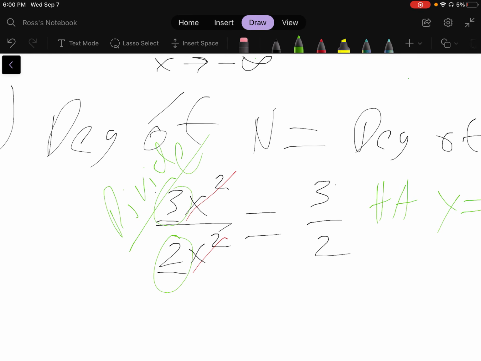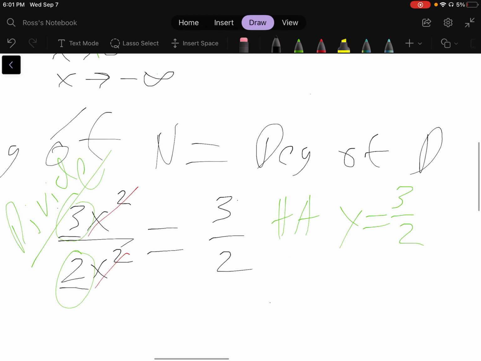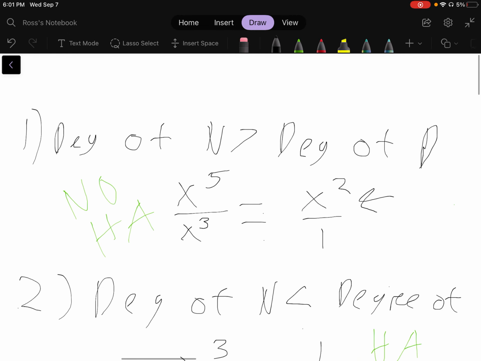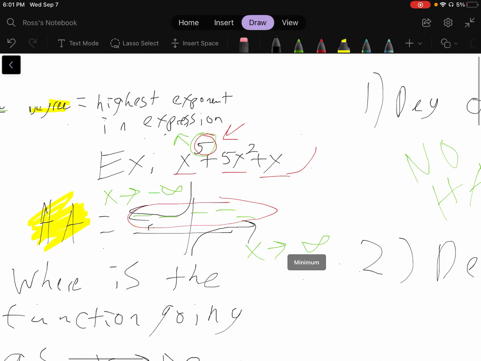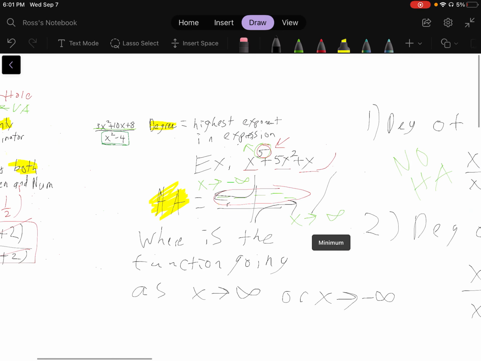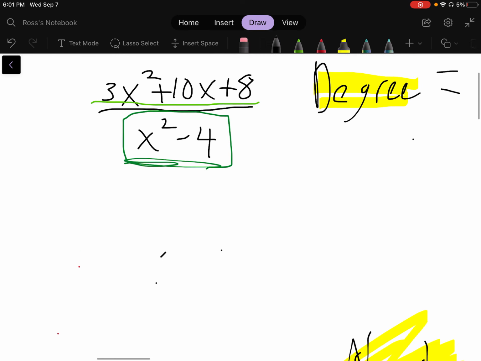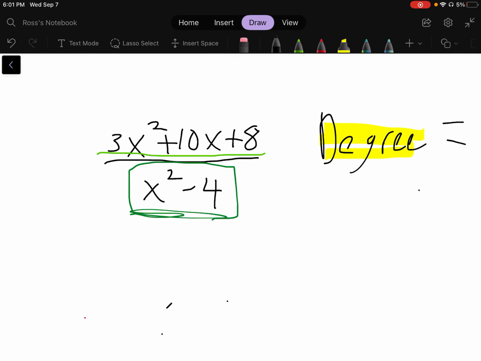I have a bit more time, so I would like to cover graphing them. If I go back to my example, oh, there it is. To find the HA, you're going to look at the degree of the numerator and denominator. I'll give you this one to try.